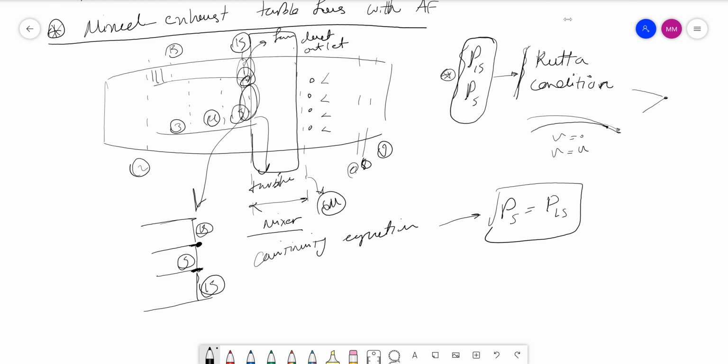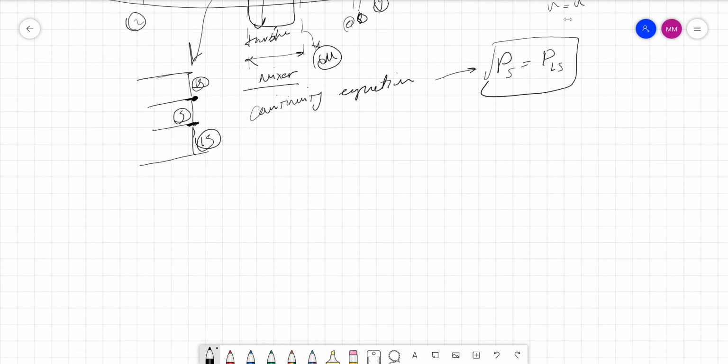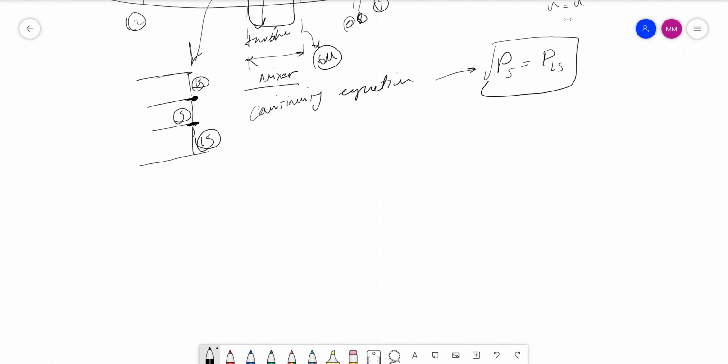So this is the first principle you are going to make sure you are considering when dealing with the mixed exhaust turbofan engines with an afterburner or without an afterburner. In general, with the mixed exhaust turbofan engines. Okay.